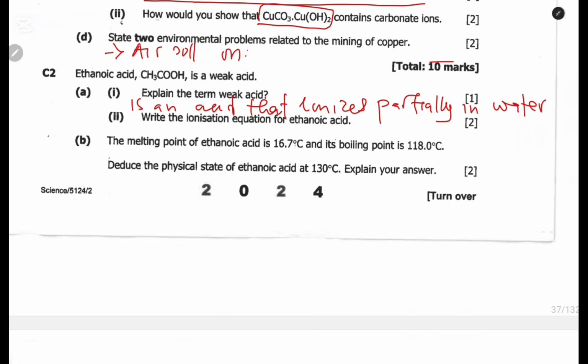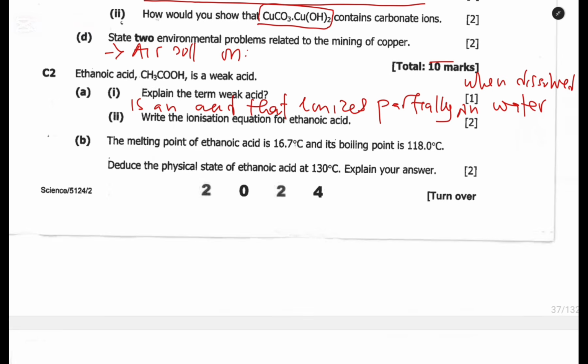It's an acid that ionizes partially when dissolved in water. So that is what we call a weak acid. A weak acid is also known as an organic acid. Most organic acids are weak acids. So you need to know some examples of weak acids.